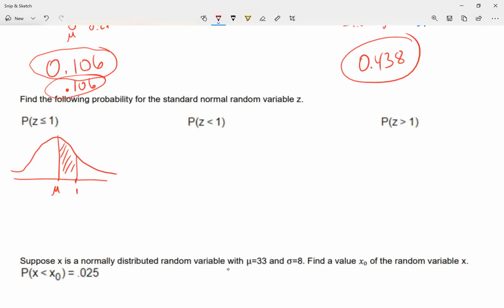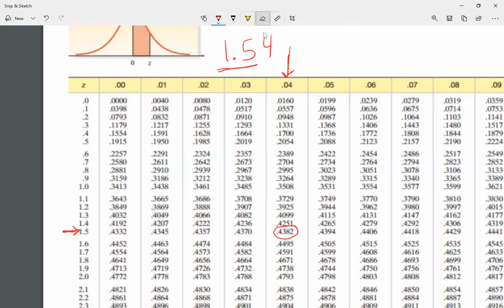Let's take a look. z is equal to 1. So let me write that down. 1, I can see that as 1.00, right? So when I look up my first decimal place, it's right here.